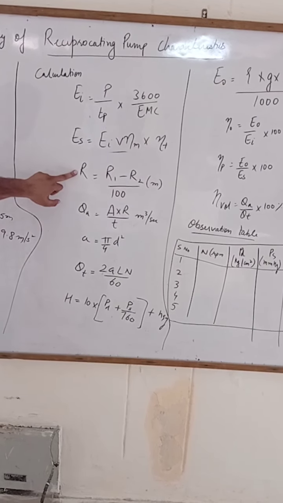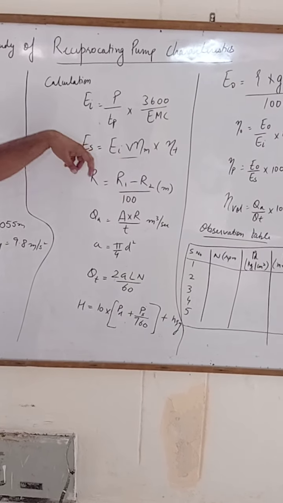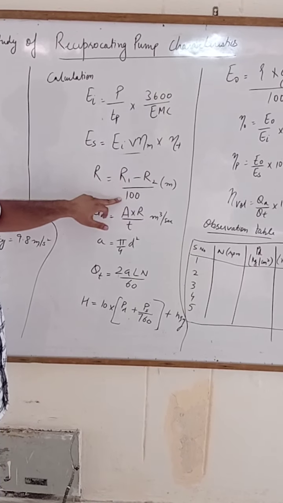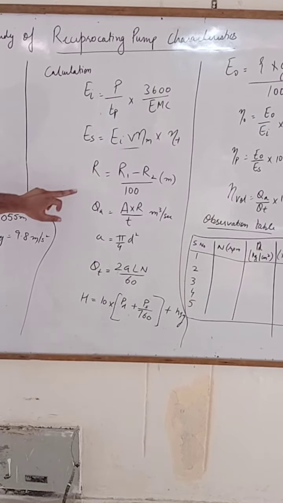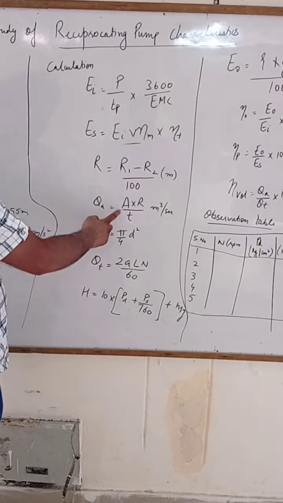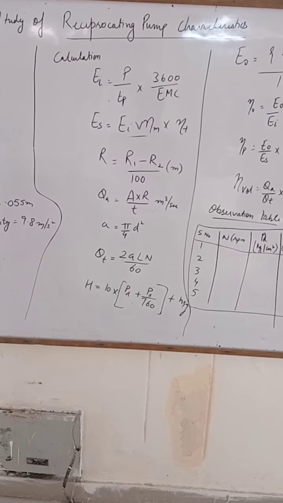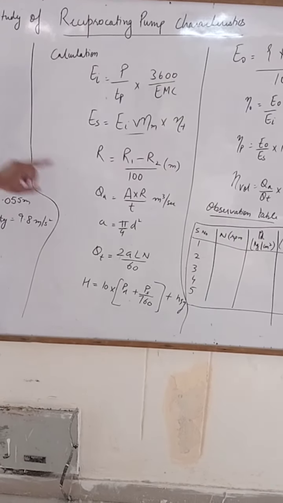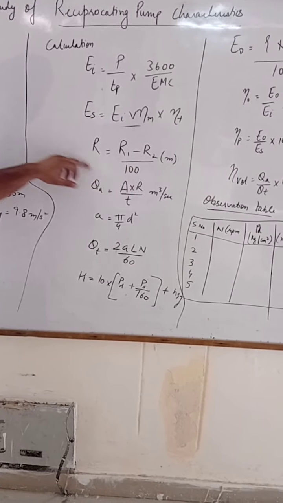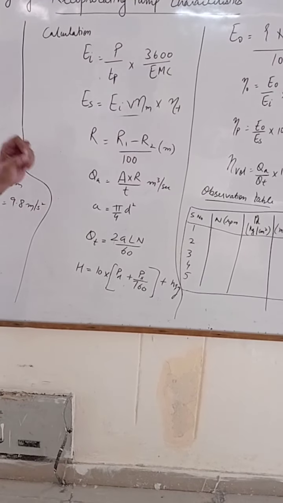Then R is the change in the measuring tank. The initial value is to be subtracted from the final value. Then R2 minus R1 will be equal to 400, which is R. Then QA is the actual discharge, equal to the area of the measuring tank, 0.077 meter square, times R, the value coming out from this, divided by the time it has taken for 10 pulses.